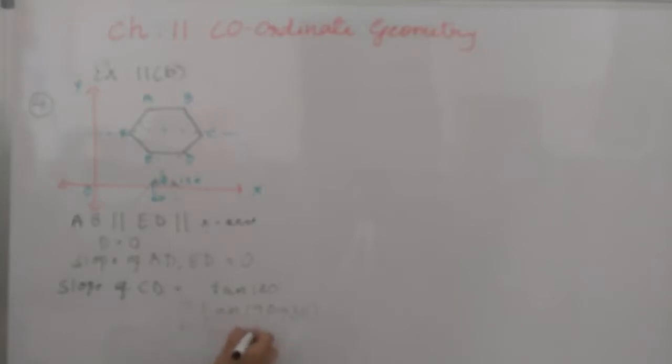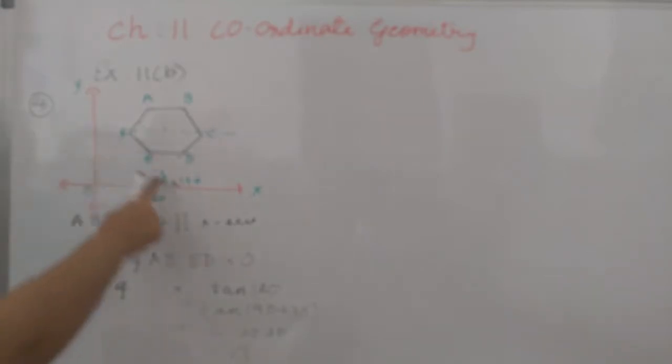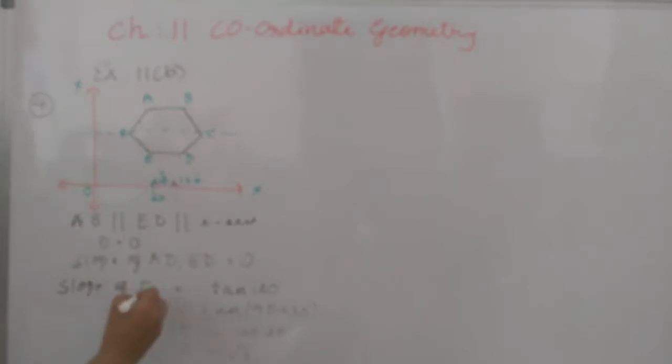Cot 30 is root 3. So minus root 3, that is of side CD. Then we write of EF. This is of EF I have written, not of CD. So I am changing this. This is of EF because EF makes 120. So this is side EF.